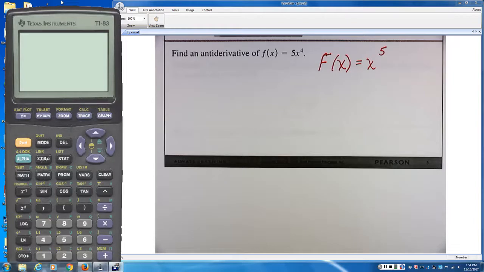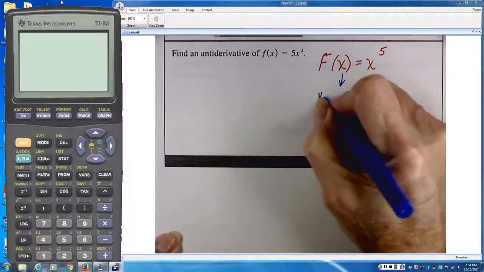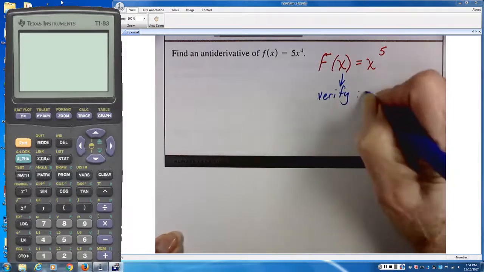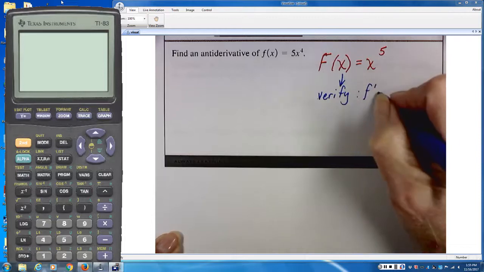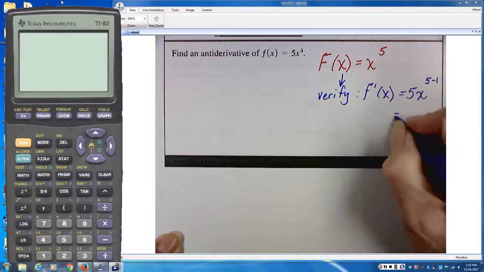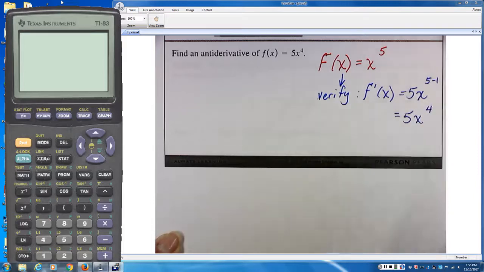And you should be able to verify that by taking the derivative of x to the 5th: drop the 5 down in front, keep the x, subtract 1 from the power, and we get exactly what we started with, 5x to the 4th.